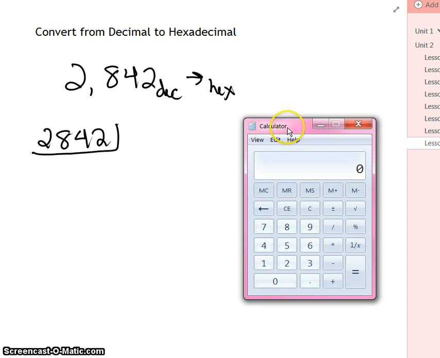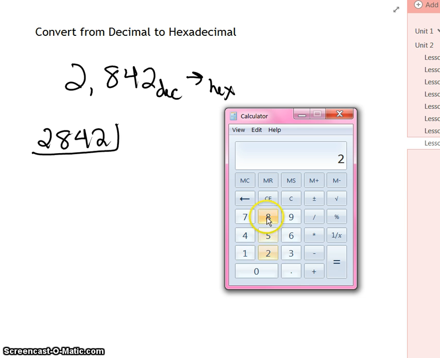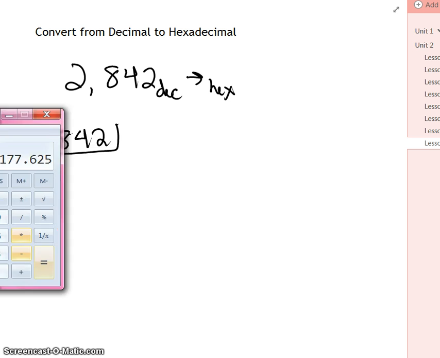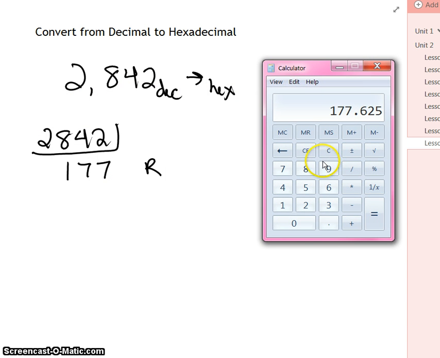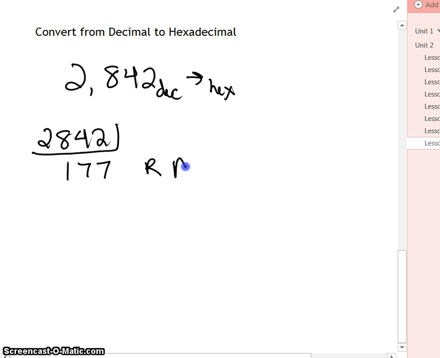So divide that by 16. 2,842 divided by 16 gives us 177 with a remainder of, now if you don't remember how to calculate remainders, just do 177 times 16, and subtract 2,842 from that. So remainder of 10, which remember isn't 10, it's remainder A.